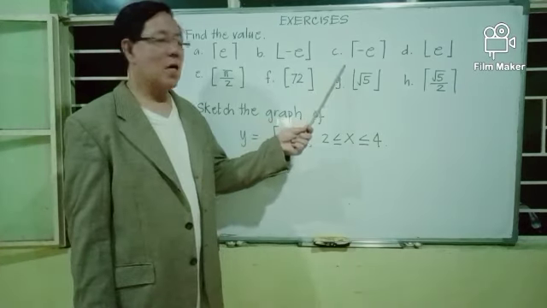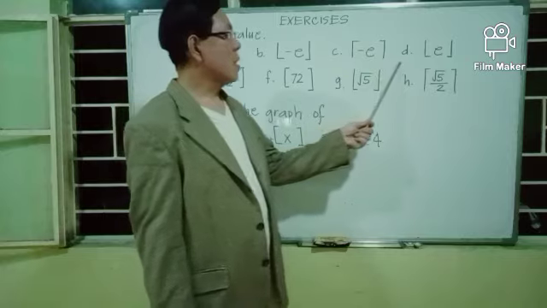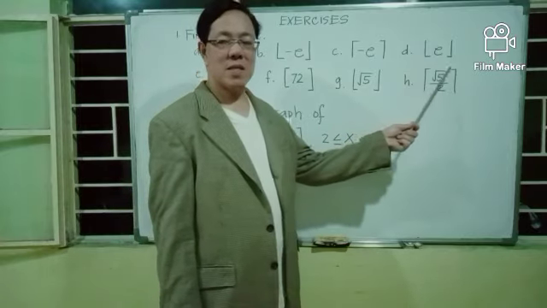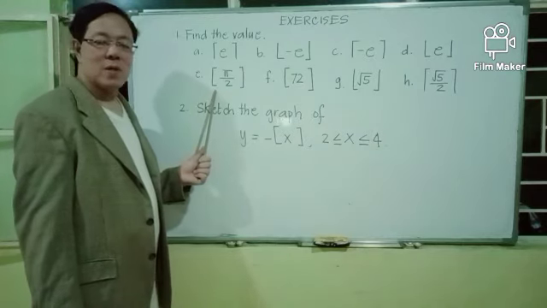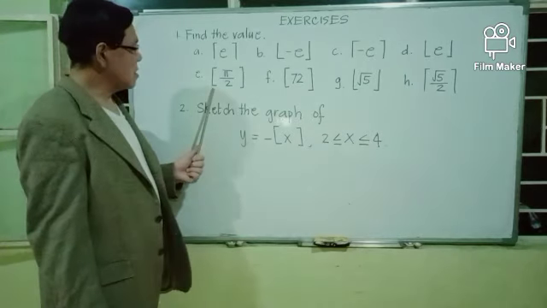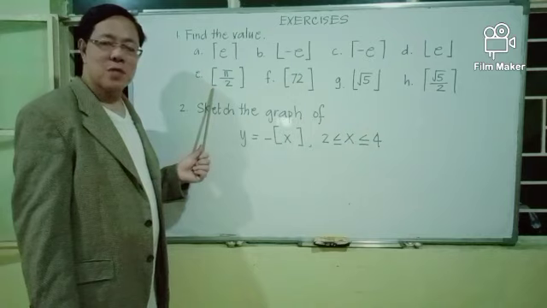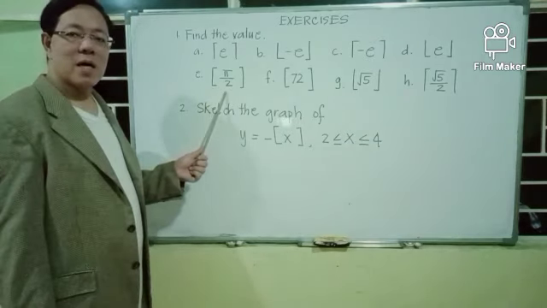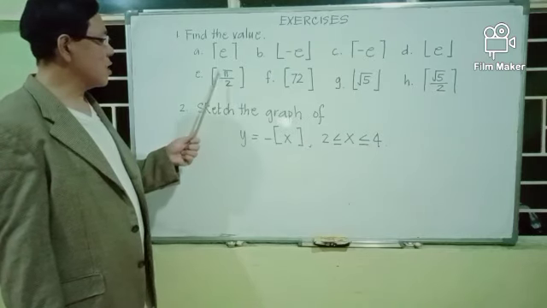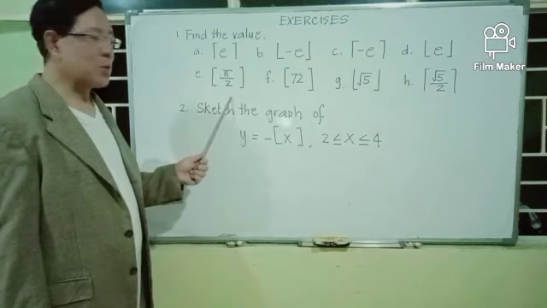C, the ceiling of negative e. D, the floor of positive e. And letter E, this is actually another notation for the floor of a real number, and here we have the irrational number pi over 2.